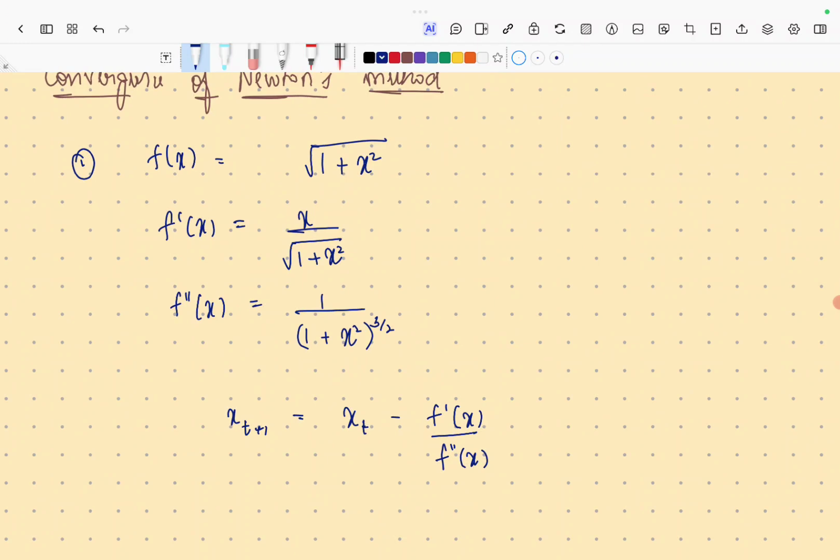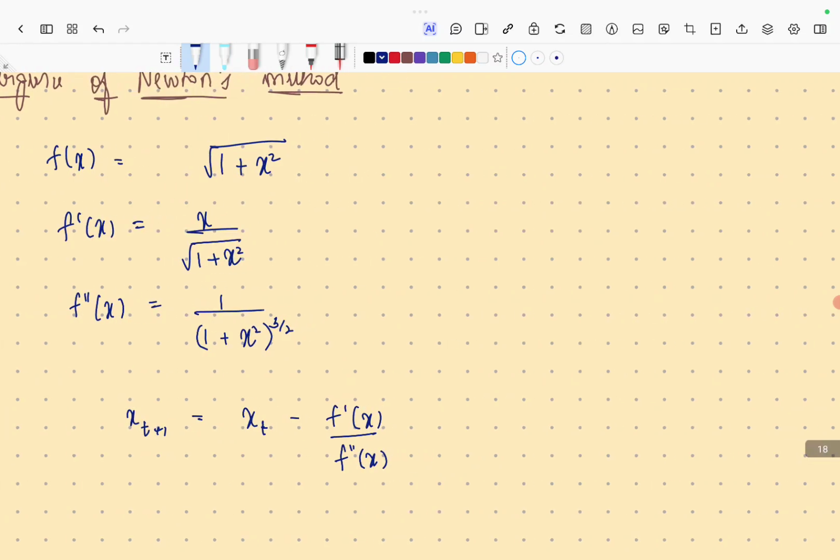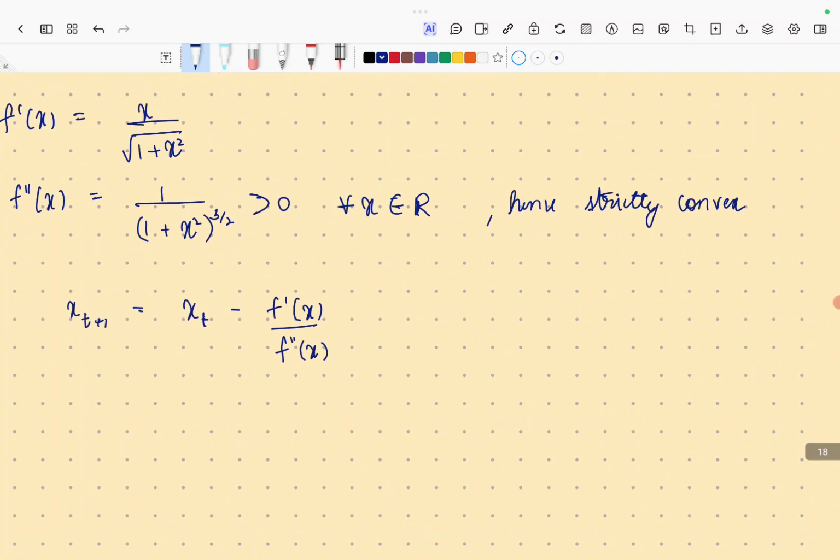The second derivative is strictly greater than 0 for all x in R. So this is a strictly convex function.